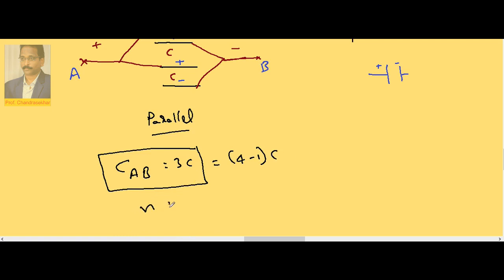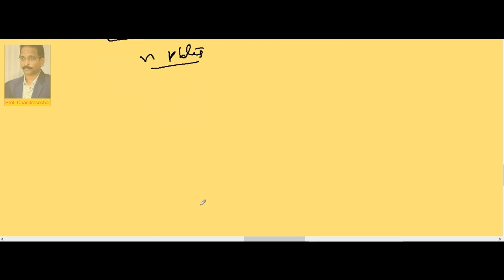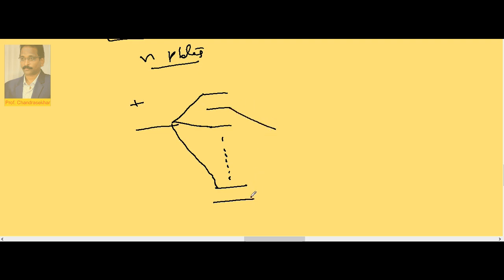Suppose n identical plates are used like this, so alternately they are connected, positive side, negative side.